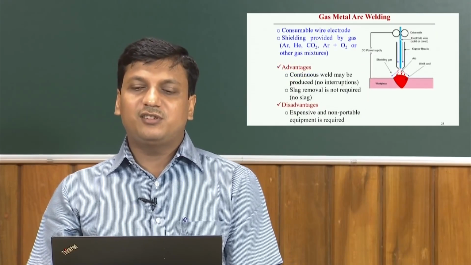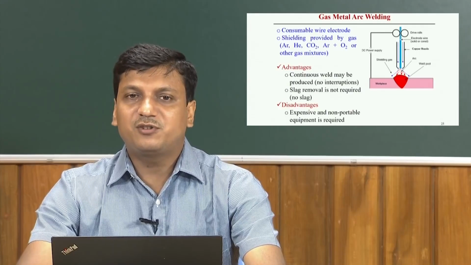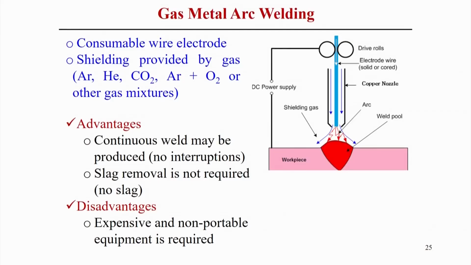Second, we will look into the other welding process, that is the gas metal arc welding process. With reference to shielded metal arc welding, in gas metal arc welding we can use a continuous supply of the electrode material.